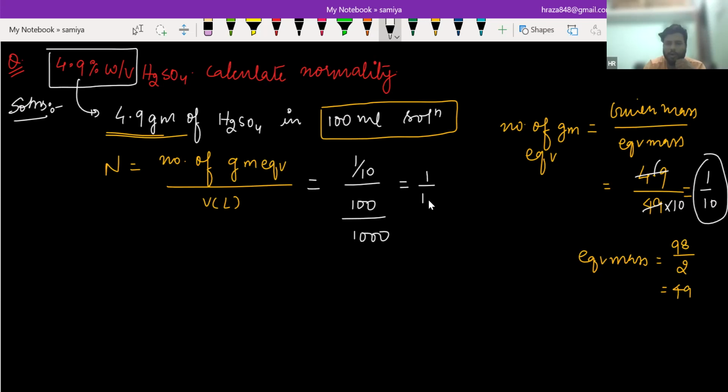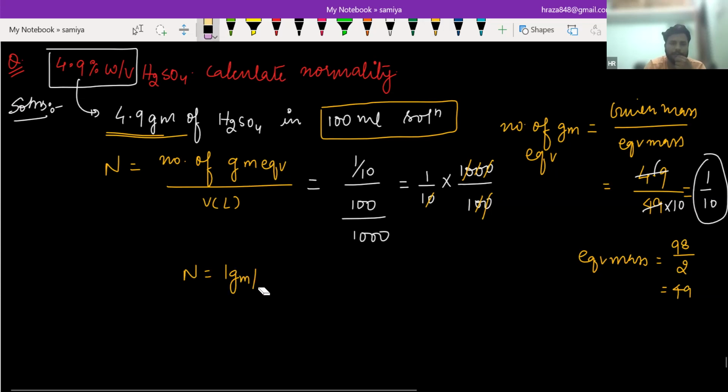So it will be 1 by 10 into 1000 divided by 100. Everything cancels and the value of normality will be 1 gram equivalent per liter.